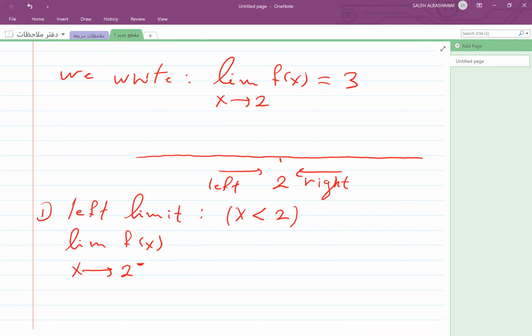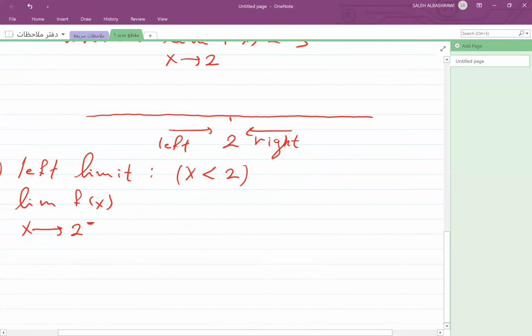We call this the left limit. So I have a left limit that depends on x when x is approaching the number 2, or any number, from the left. So x is less than 2. It might be 1.999. I can choose x to be 1.9999, so it is approaching the number 2 from the left.